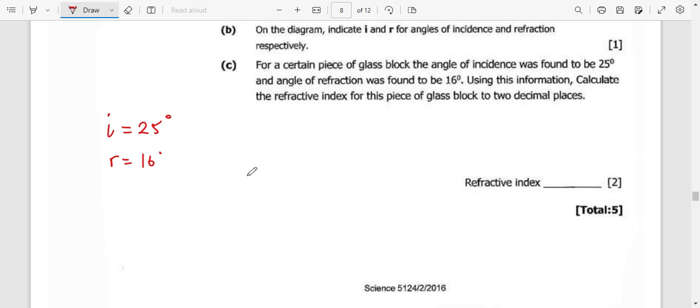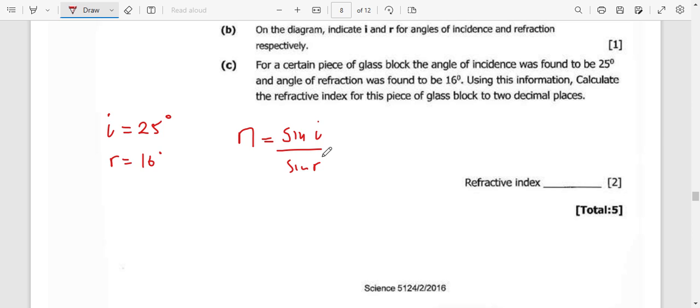How do you calculate the refractive index? The refractive index, given by the symbol n, is given by sine of the angle of incidence, sine I, over sine r. Refractive index is given by sine I divided by sine r.